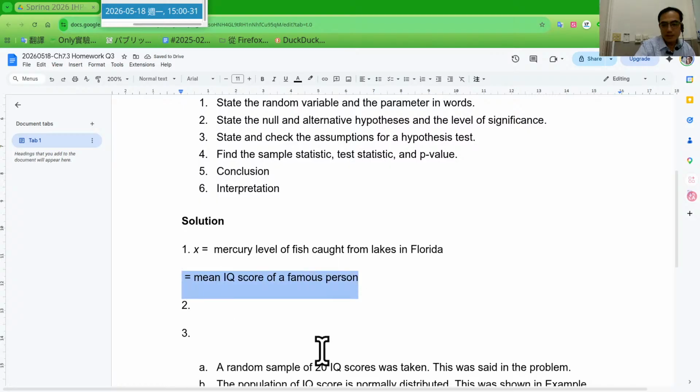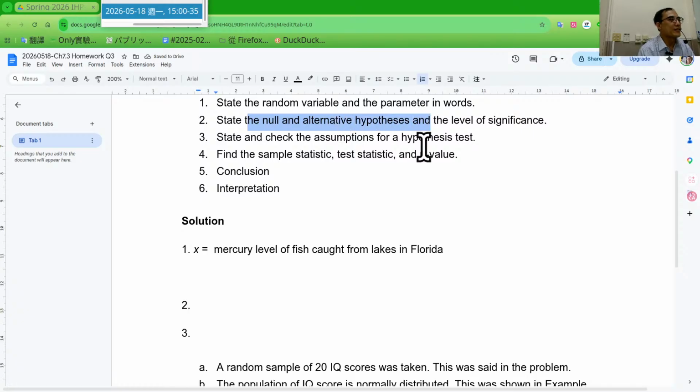And second, state the null hypothesis and alternative hypothesis.